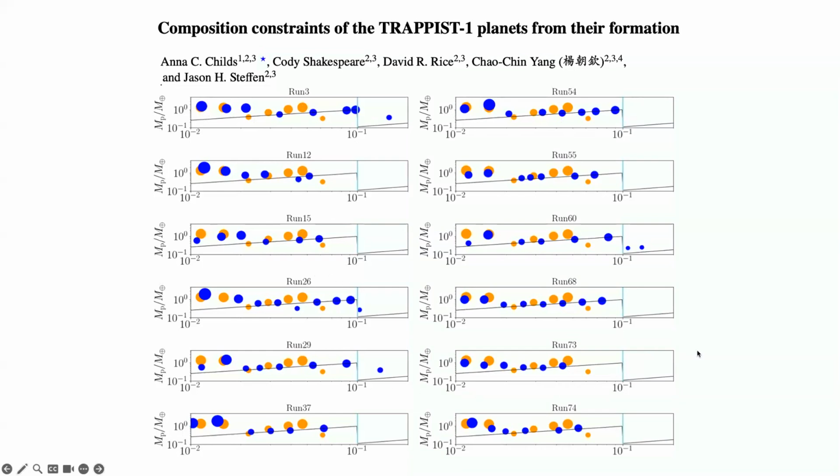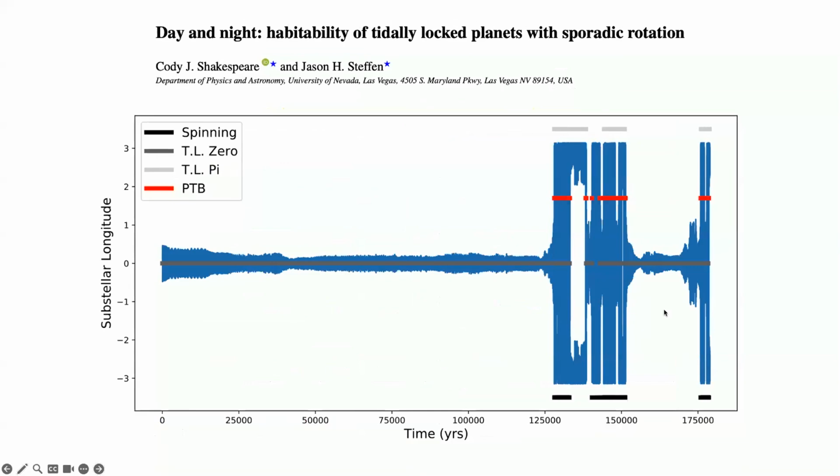Another thing that we're looking at in our group is modeling, also looking at TRAPPIST. One of the prevailing assumptions that goes into a lot of exoplanet science is that the planets are going to be tidally locked. The issue is that that's just not true, especially in a system like TRAPPIST, where you have a lot of strong dynamical interactions between the planets.